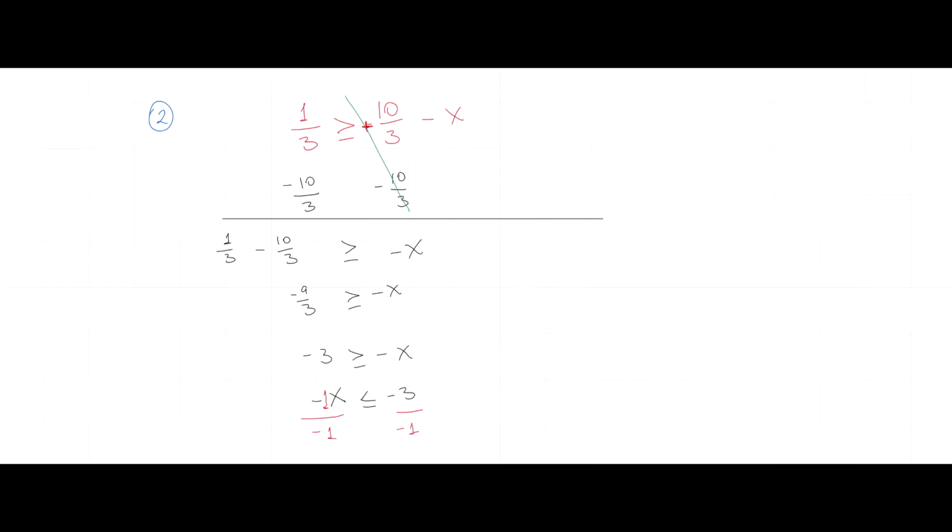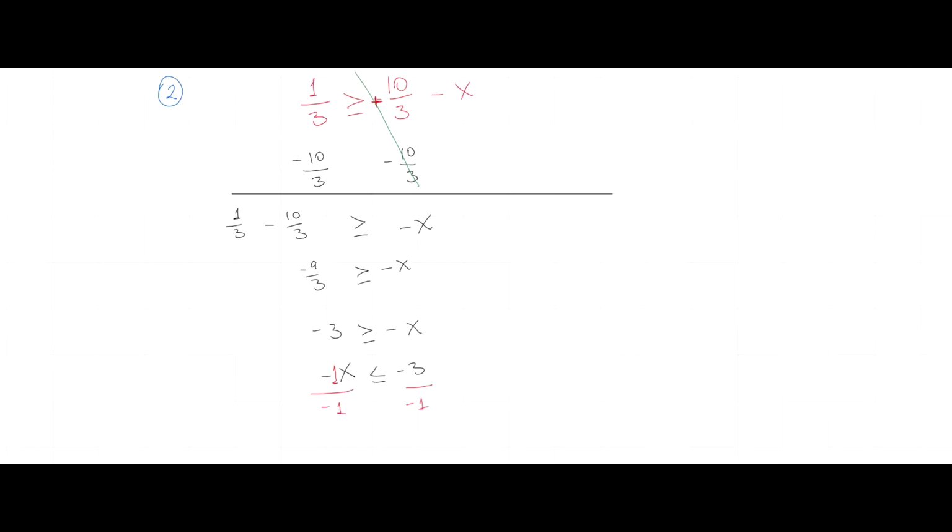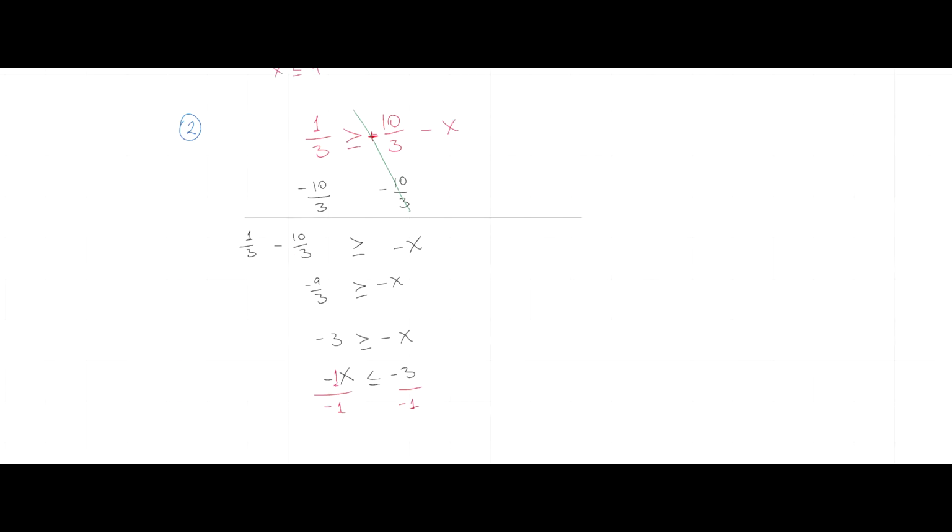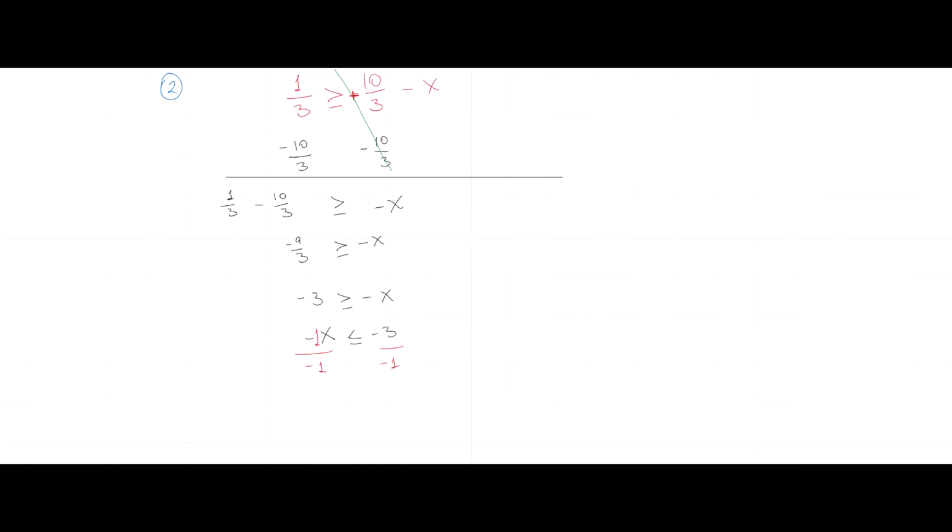The rule says that every time you multiply or divide by a negative number, you need to flip the sign. So -1 divided by -1 is just +1. So you have x, we flip the sign, and a negative divided by a negative gives you a positive number. 3 divided by 1 is 3. So this is the solution for this inequality.